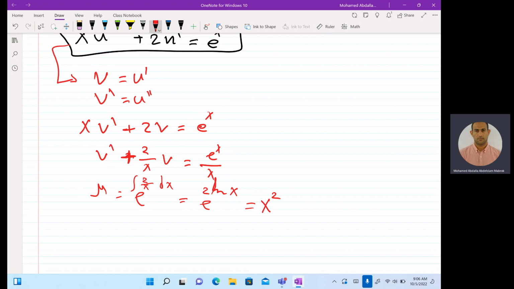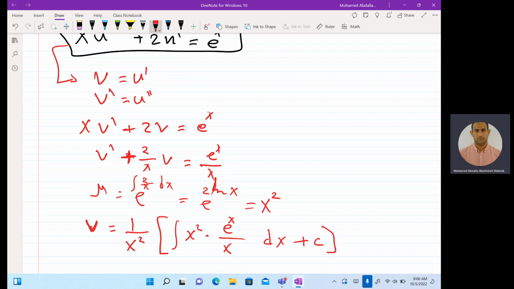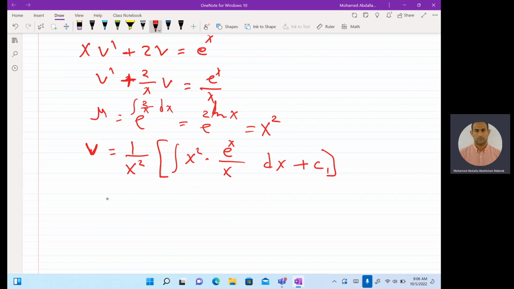So we have mu, then we say our v equal 1 over x squared times integration x squared times e to the power x over x dx plus a constant, C1. Then, which is 1 over x squared. Don't get this inside until you finish the integration. You have to finish the integration first.